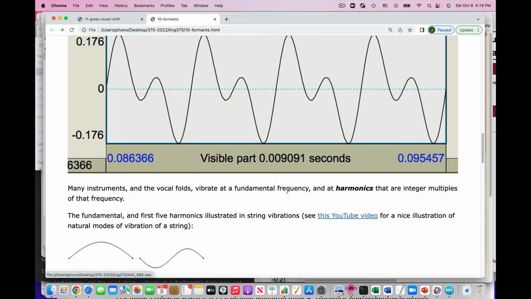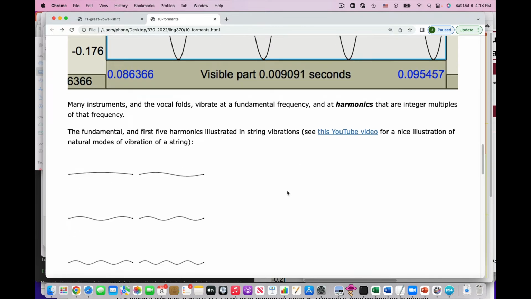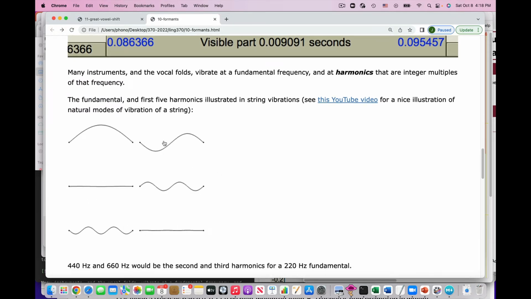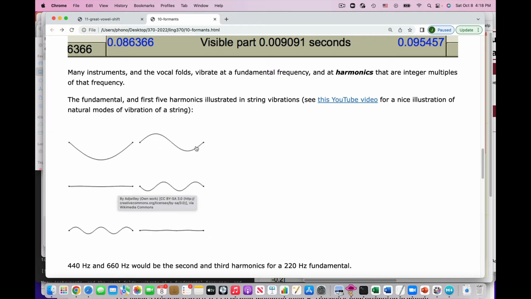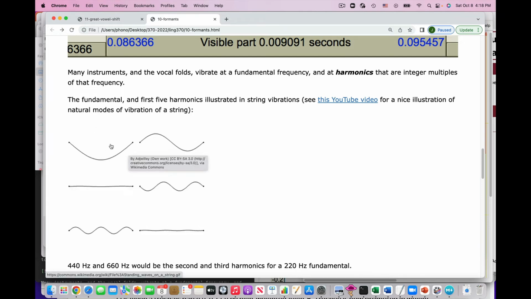Many instruments and the vocal folds vibrate at a fundamental frequency and at harmonics that are integer multiples of that frequency. The fundamental and 5 harmonics are illustrated in this graphic of string vibrations, where we have a string vibrating at 1 frequency.